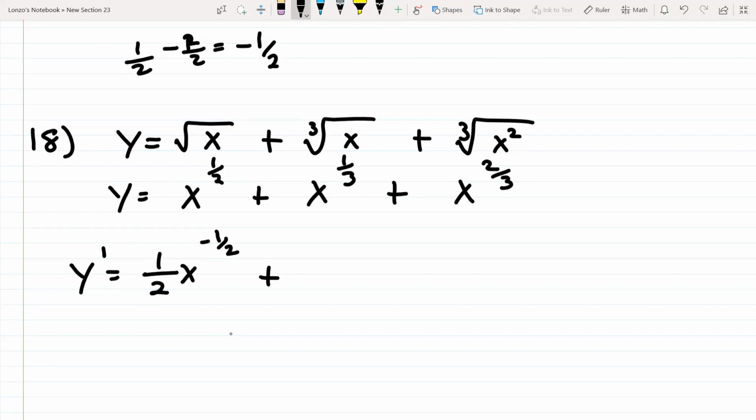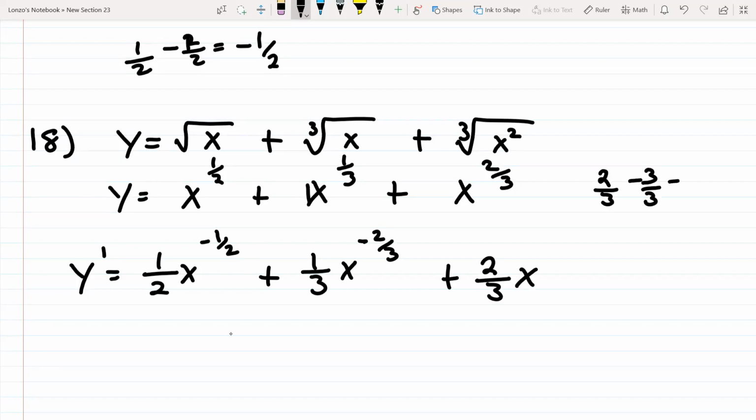Plus, 1 times 1/3 is 1/3 x, and then 1/3 minus 1 will give you negative 2/3. And plus x to the 2/3 is equivalent to 2/3 x, and then 2/3 minus 1, that's negative 1/3.